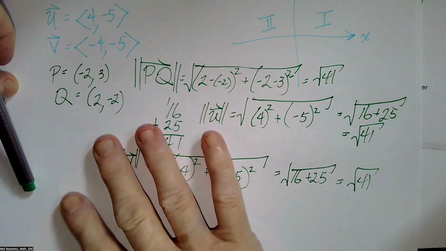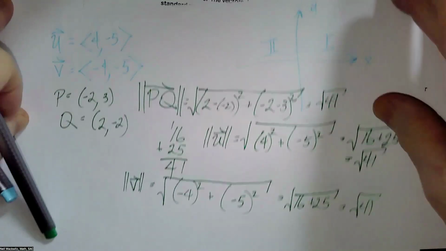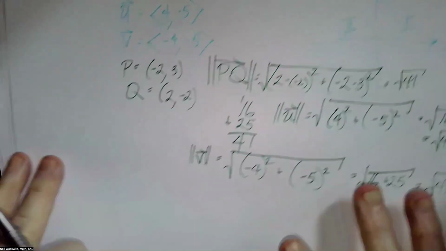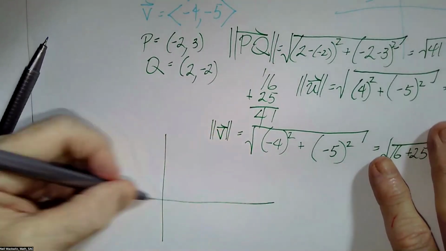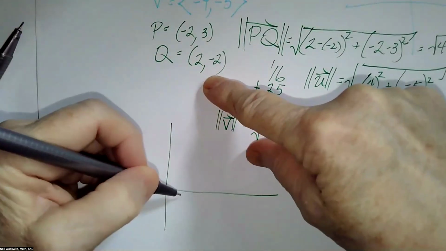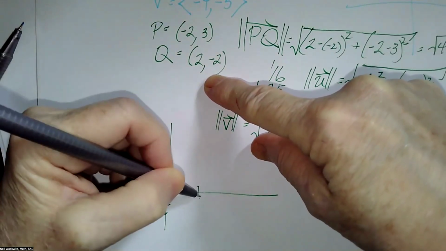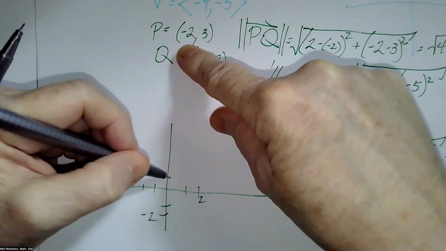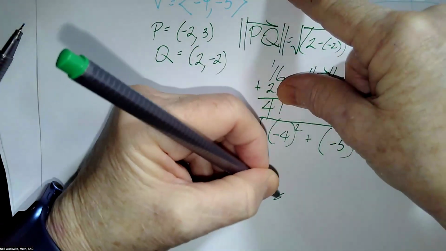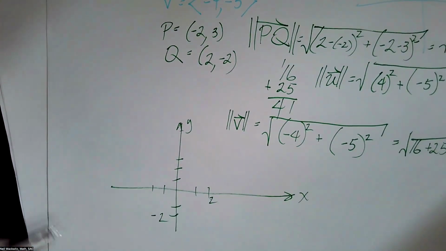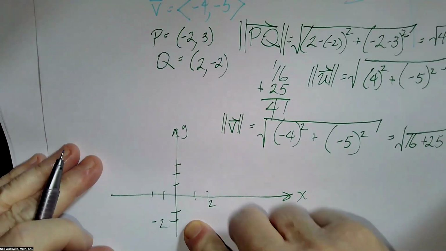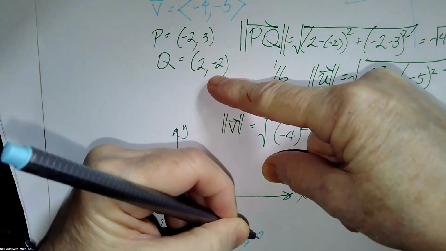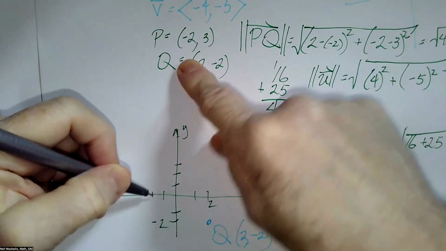Let's find the component form of PQ. We're starting with P and going to Q. Q was 2, -2. P was -2, 3.